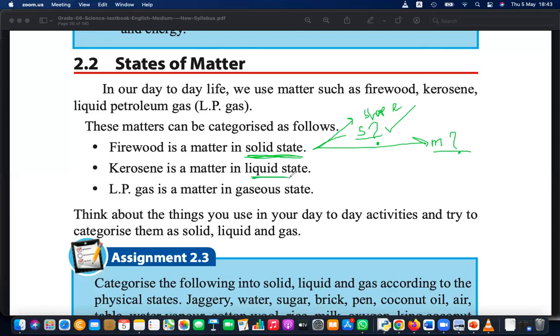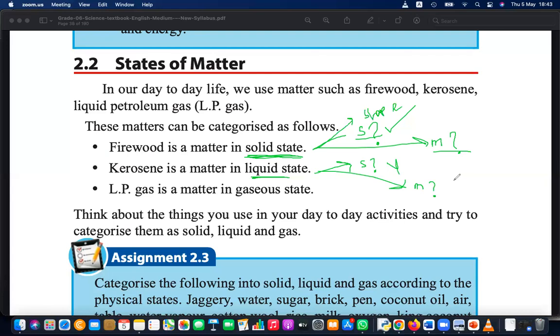Think about liquids. Is it taking space? Liquid like water, is it taking space? Yes, sir. Is it having mass? Water, is it having mass?